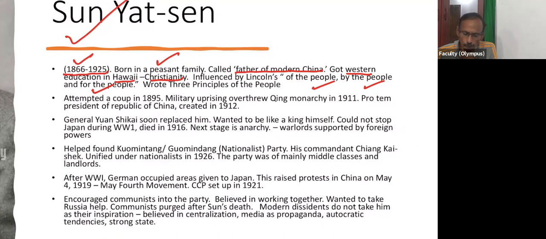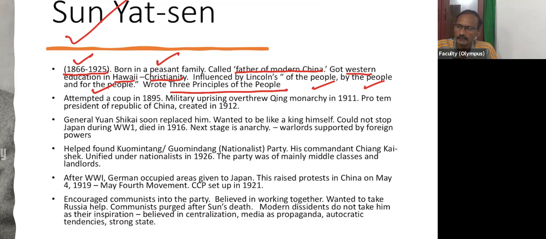And he wrote the book Three Principles of the People, for democracy and against monarchy. So Sun Yat-sen was one person who wanted to establish a democratic nation, a democratic and modern China.